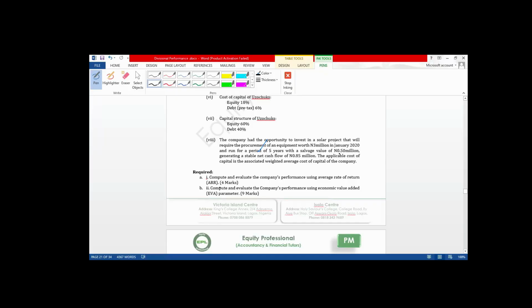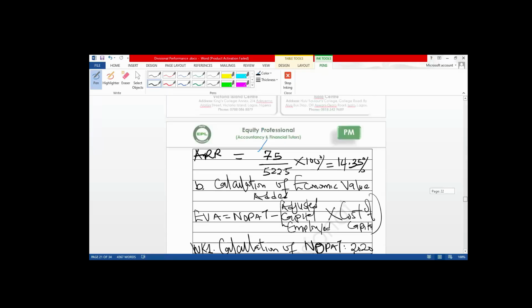That is the scrap value, generating a stable net cash flow of 0.85 million annually for 5 years. Your cost of capital is the WACC. Calculate NPV.